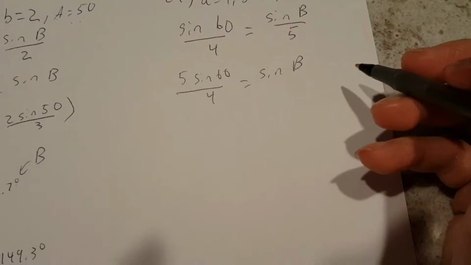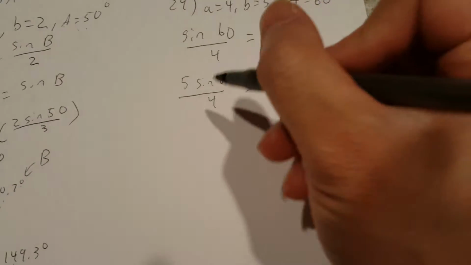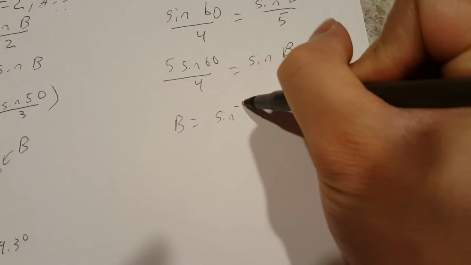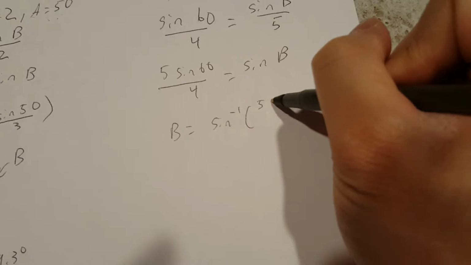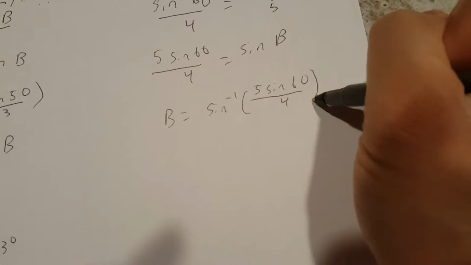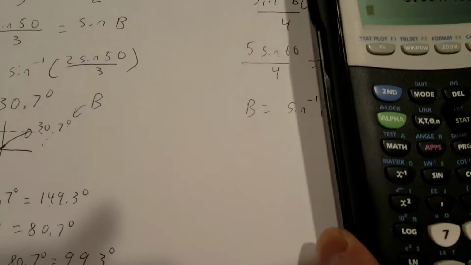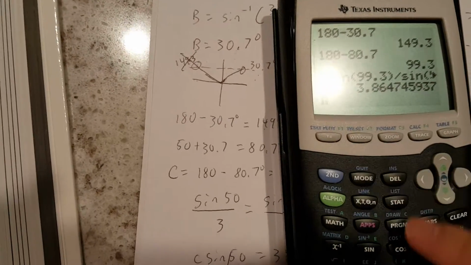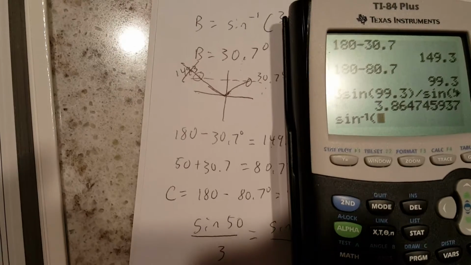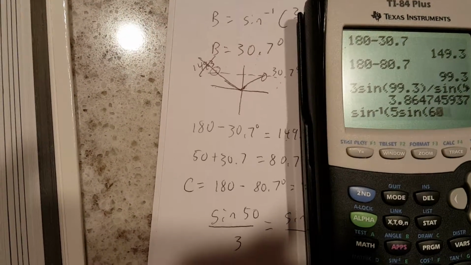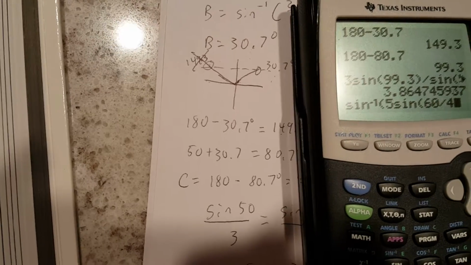And then now if you look at this, I know that B is equal to the inverse sine of 5 sine 60 over 4. If you do that on the calculator, you do inverse sine of 5 sine 60 divided by 4.